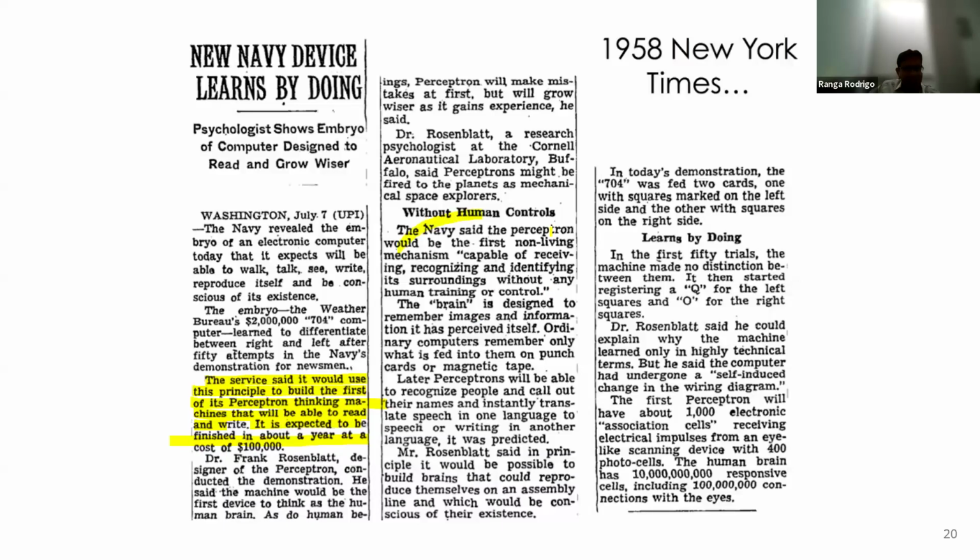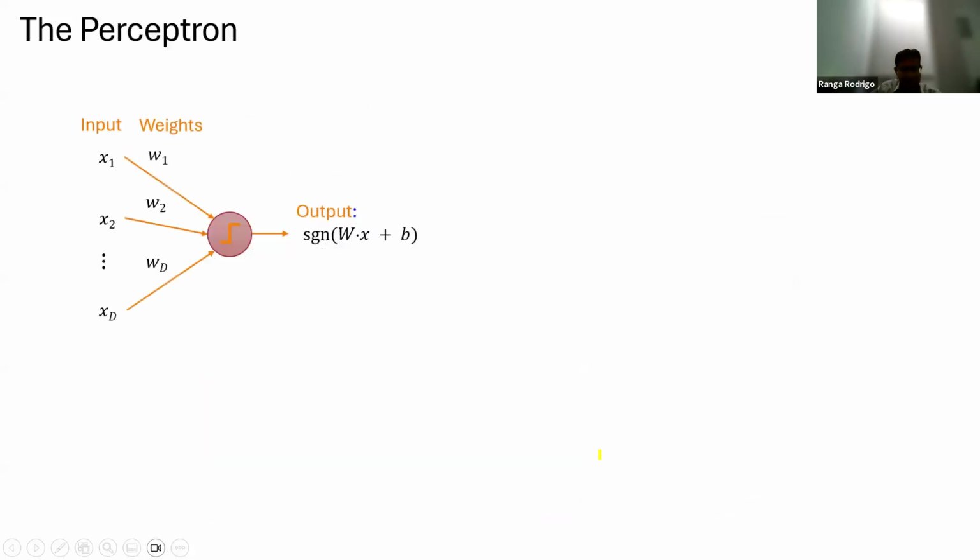The Navy said that the perceptron would be the first non-living mechanism capable of receiving, recognizing, and identifying its surroundings without any human training or control, and so on. So all these things they claimed, but to read and write, that means ChatGPT-like reading and writing, it took 70 years and billions of dollars, but now it has been achieved. So this is that thing, the perceptron.